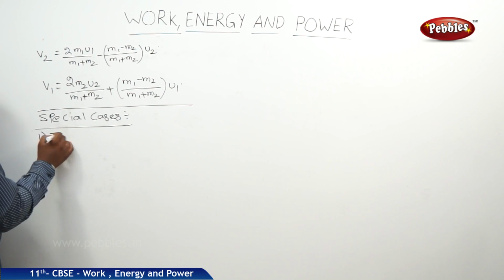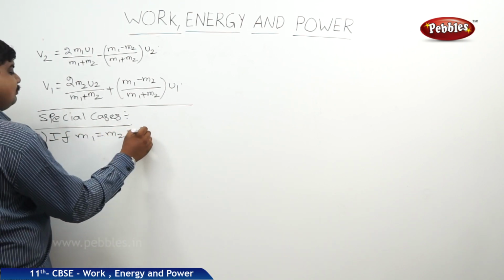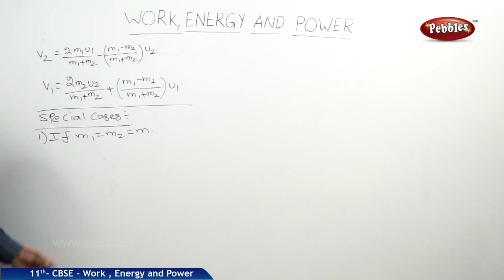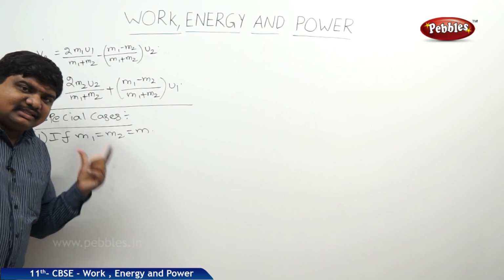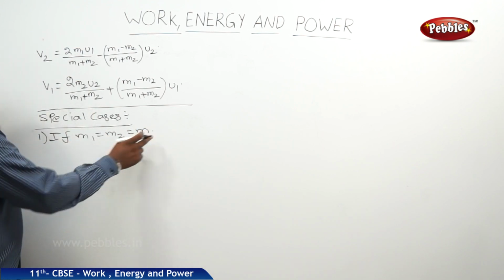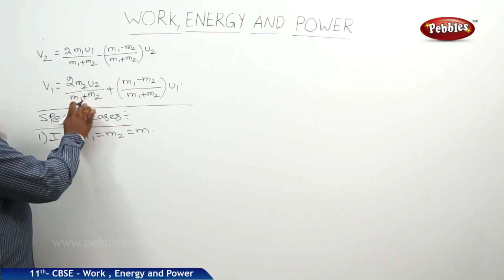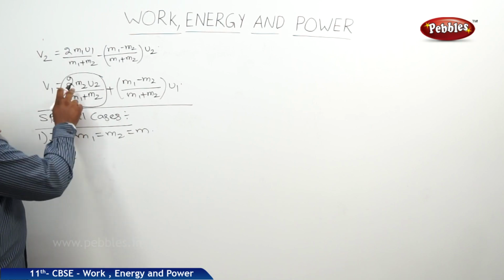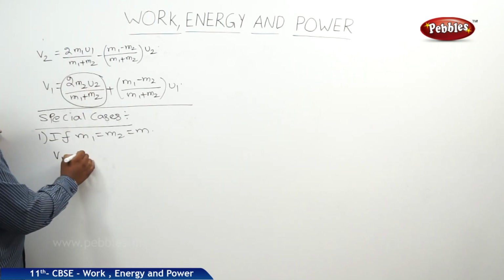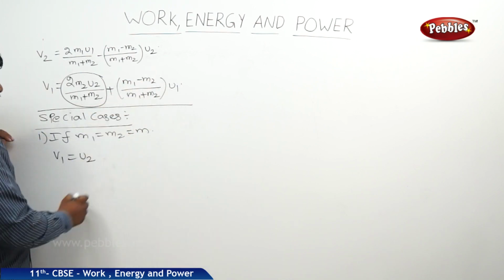First case, if m1 is equal to m2 is equal to m. That means two bodies of equal masses participating in elastic collision. So what is the answer? Let us take v1. m1 is equal to m2. So the 2 m2 terms get cancelled, and this will be cancelled out.